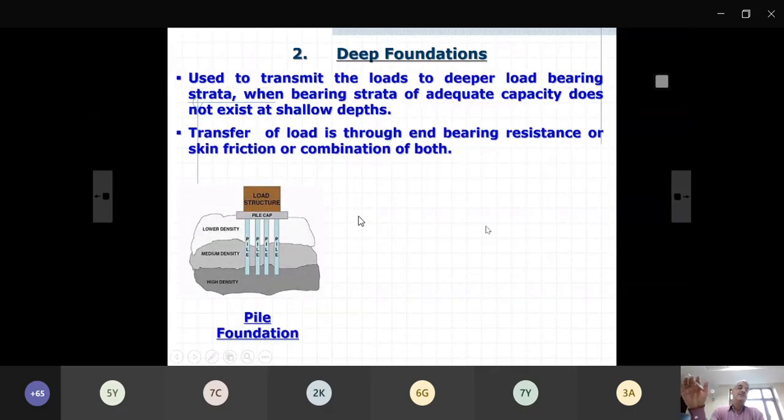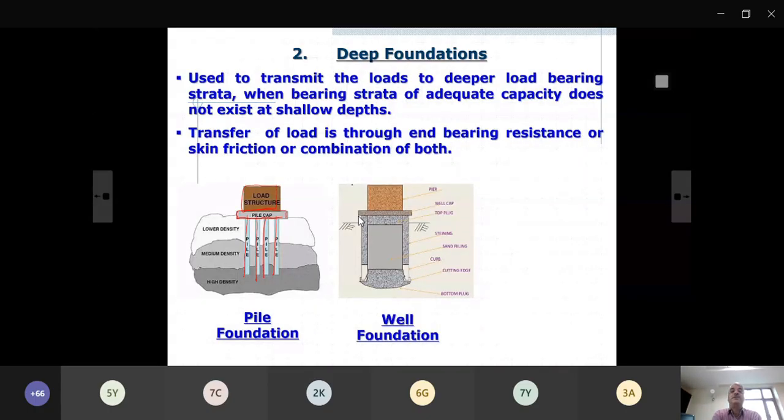And the most common type of deep foundation is pile foundation. So in case of pile foundation, you will always have a structure, of course, then a pile cap on all these piles, and below that there will be piles, they go to deeper strata. So this is pile foundation. These type of foundations are known as well foundation.